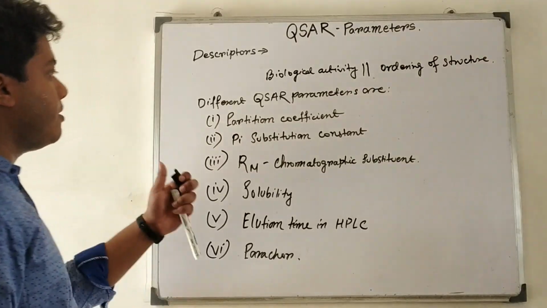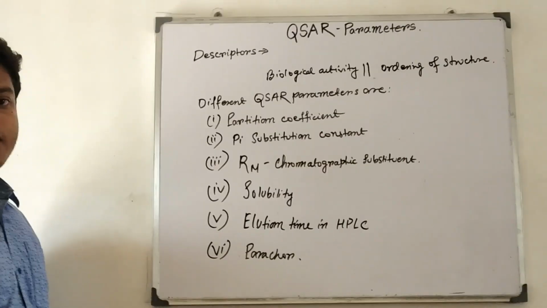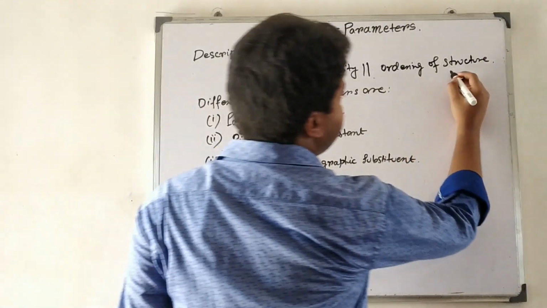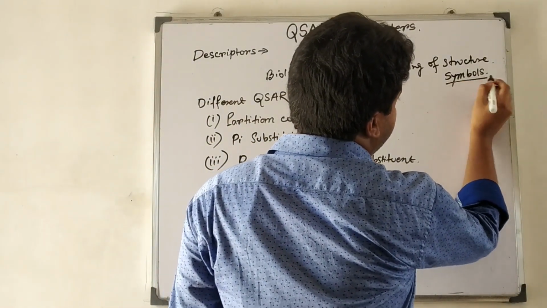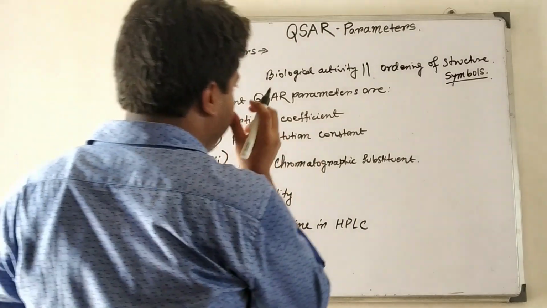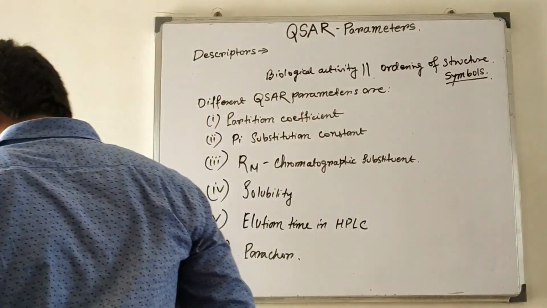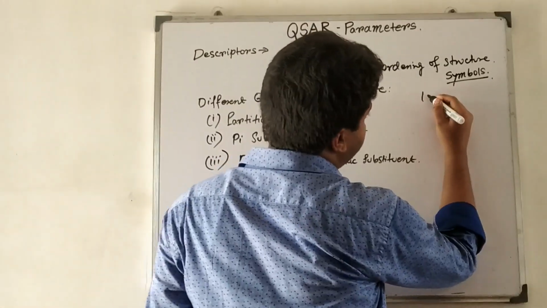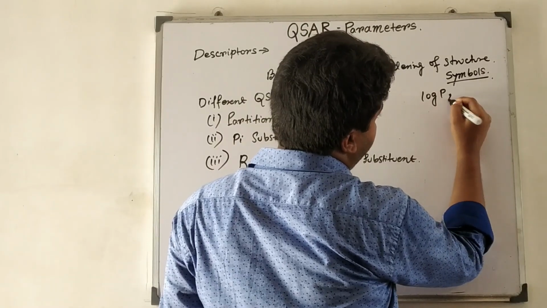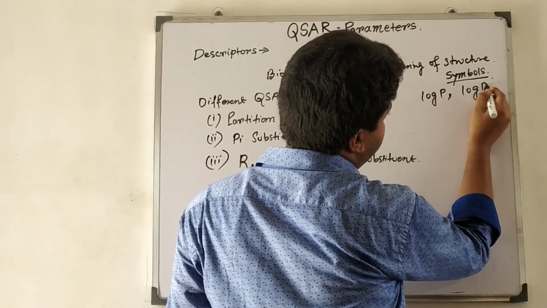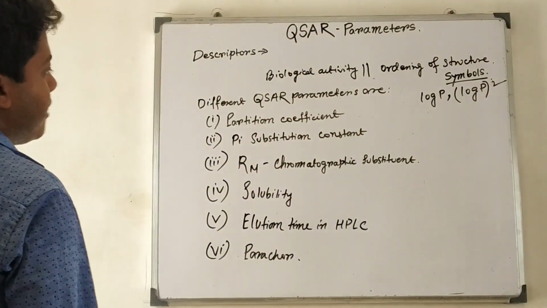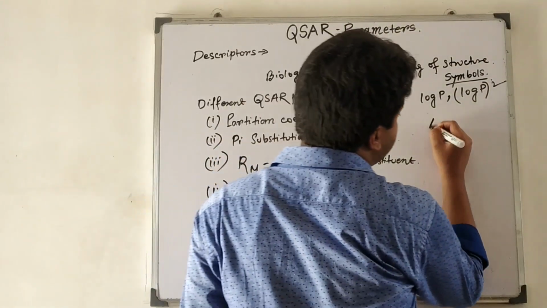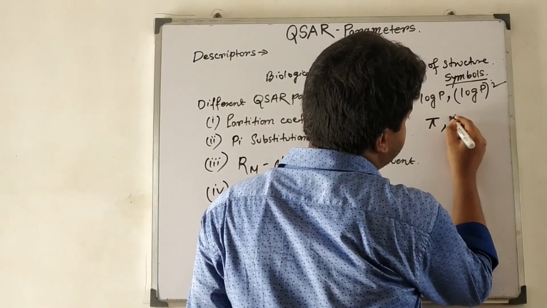We have different symbols to represent these QSR parameters. Generally, the mathematical symbols that we utilize for partition coefficient are log P or log P square. For the pi substitution constant, we use pi and pi square.